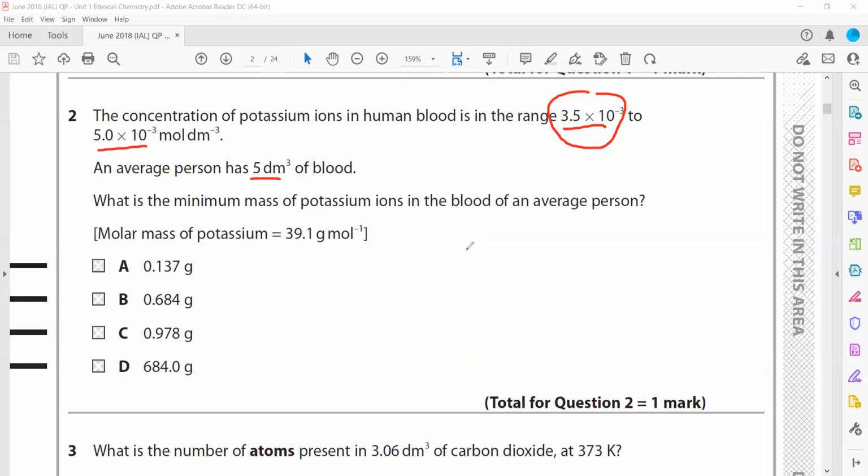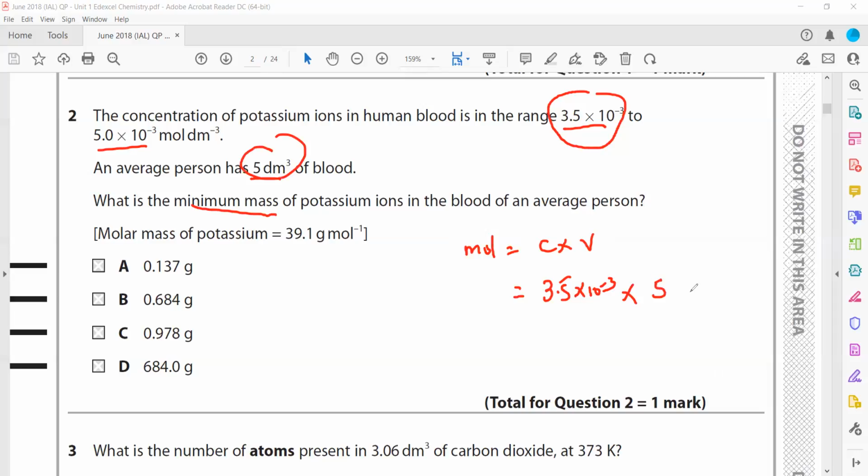So first we'll get the moles. Moles equal concentration times volume. We take the concentration which gives the minimum moles, so 3.5 × 10^-3 multiplied by the volume of blood, 5 dm³.